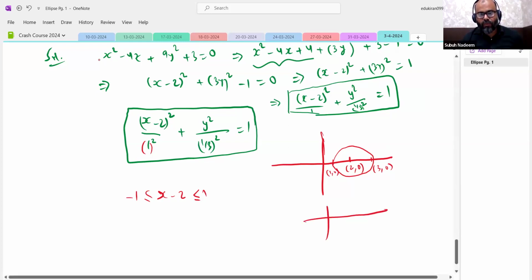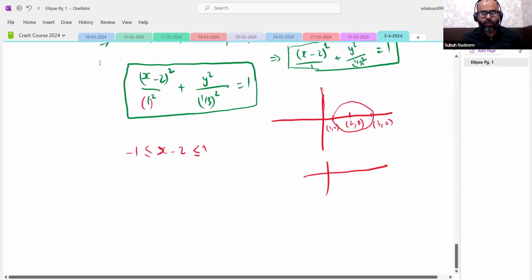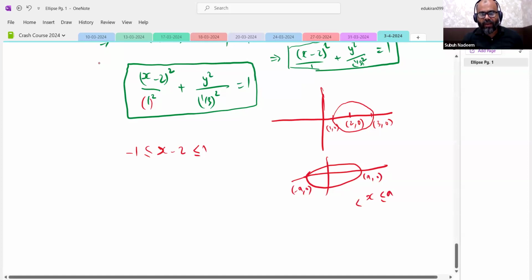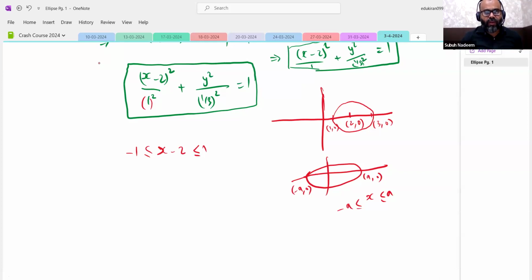In a normal ellipse, if we have this point as (a, 0) and this point as (minus a, 0), then x lies between a and minus a. So here, instead of x, it is x minus 2 between 1 and minus 1. If you add 2, it will become 3 here and 1 here. So x will be between 1 and 3.